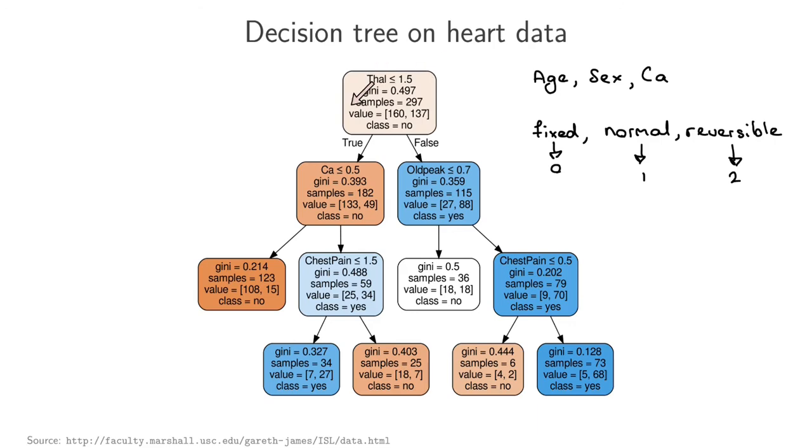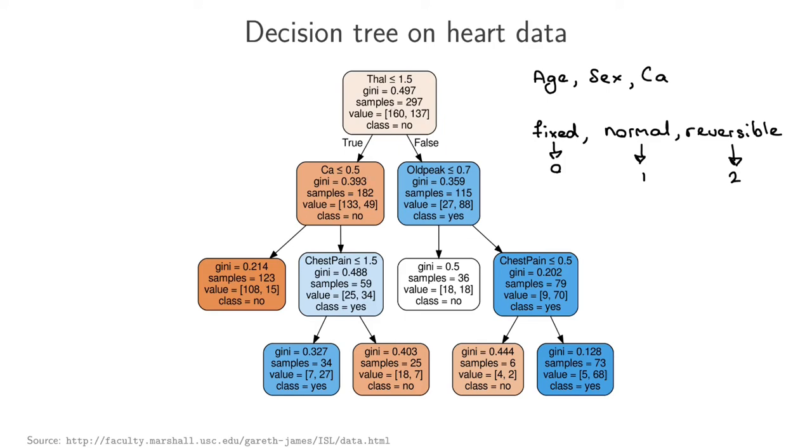So this question says thallium less than or equal to 1.5. What that does is it separates out the patients with a reversible outcome of the thallium test from the patients with a fixed or a normal outcome.